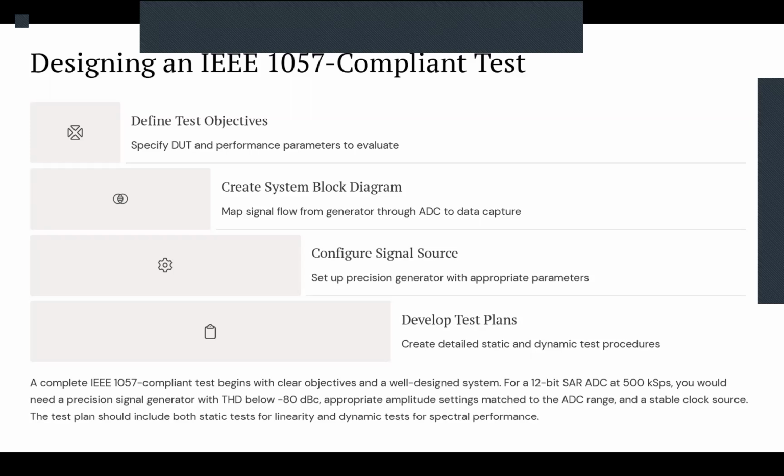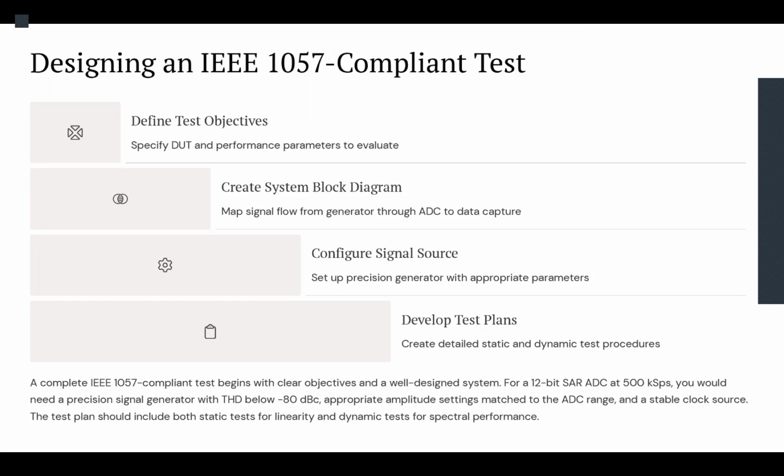Now, let's talk about how we could design a compliant test based on the IEEE 1057. Designing a test actually requires more than just connecting a signal to the ADC and reading the output.